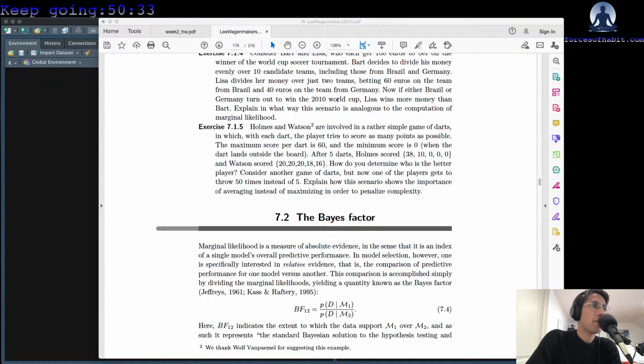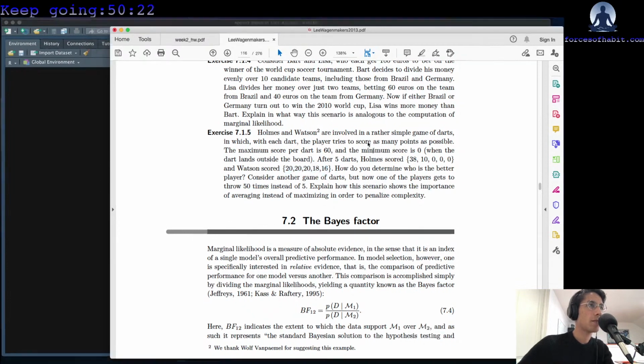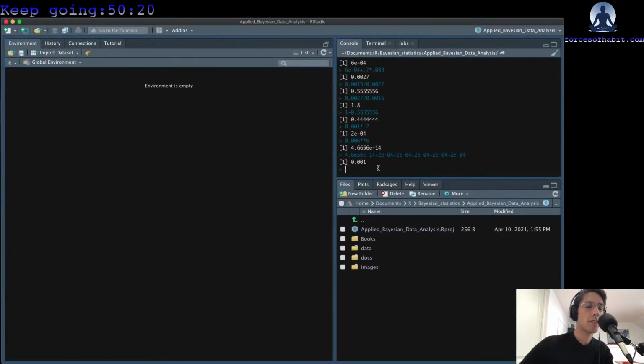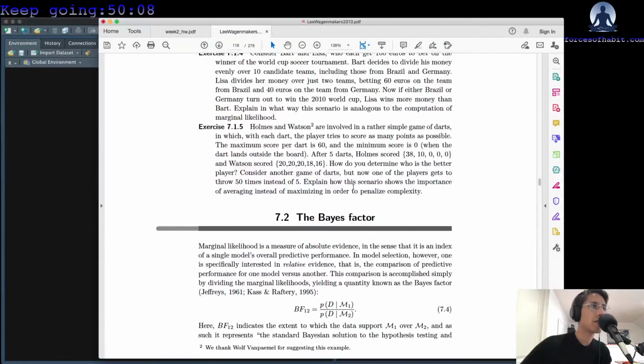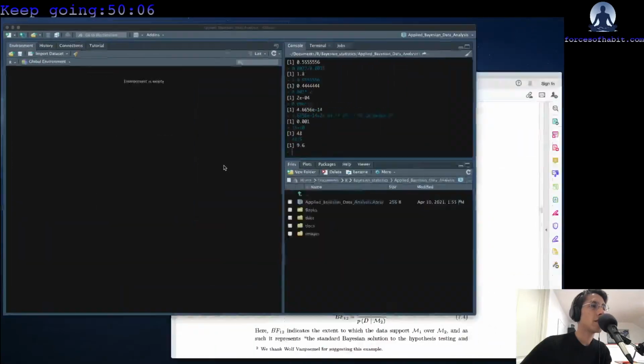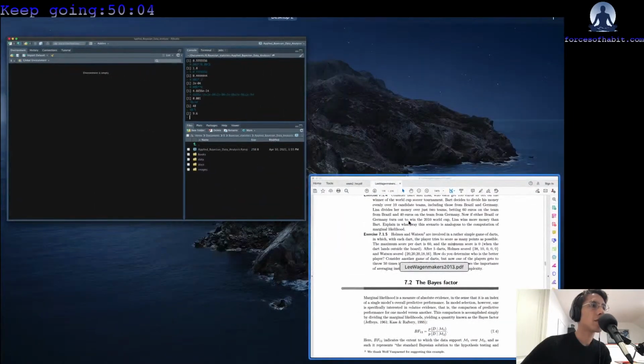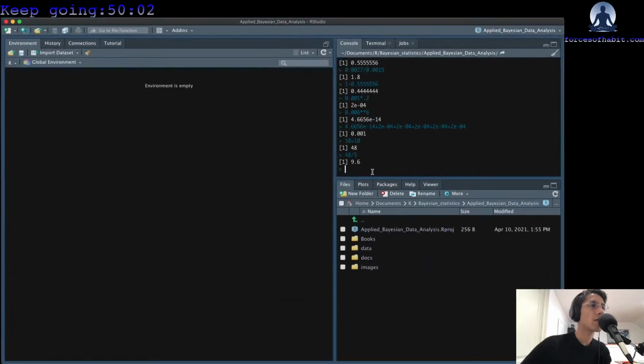So if we summed up the points, Watson looks like a clear winner. But if we averaged, I imagine they're close to one another. 9.6, 20, 20, 18, 16.